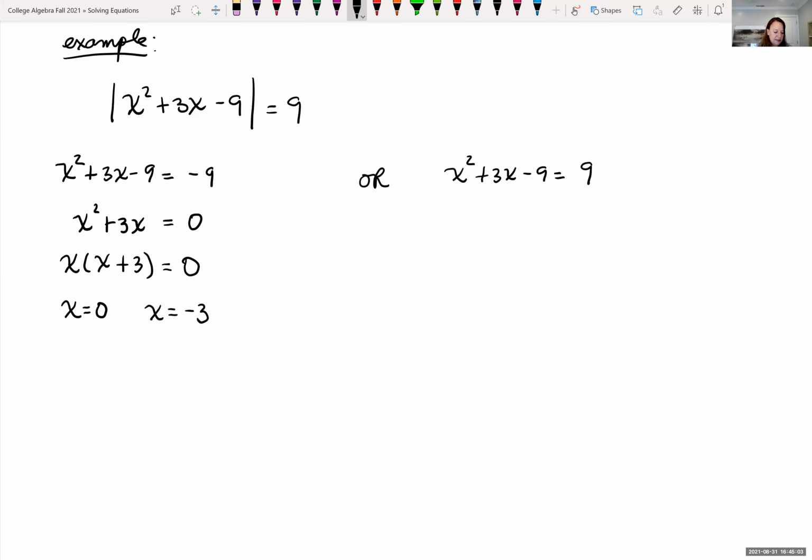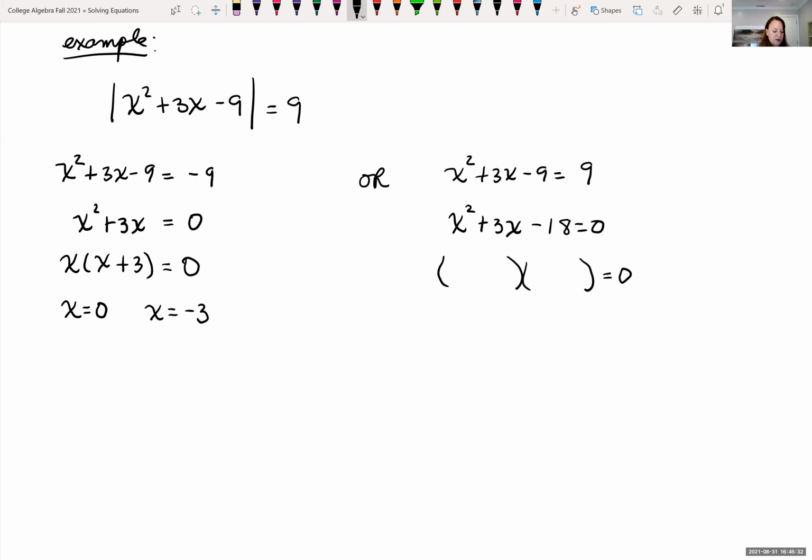Same sort of process for the other equation. It's also quadratic, so we want to set it equal to 0. So let's subtract 9 on both sides this time. And so we get x squared plus 3x, well, negative 9 minus 9 gives me minus 18 here, equals 0. So we're thinking to ourselves, are there two numbers that multiply to negative 18 and add to positive 3?